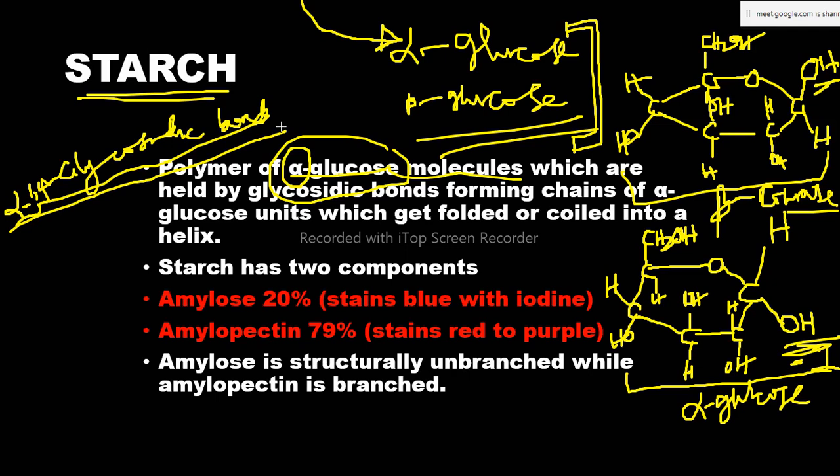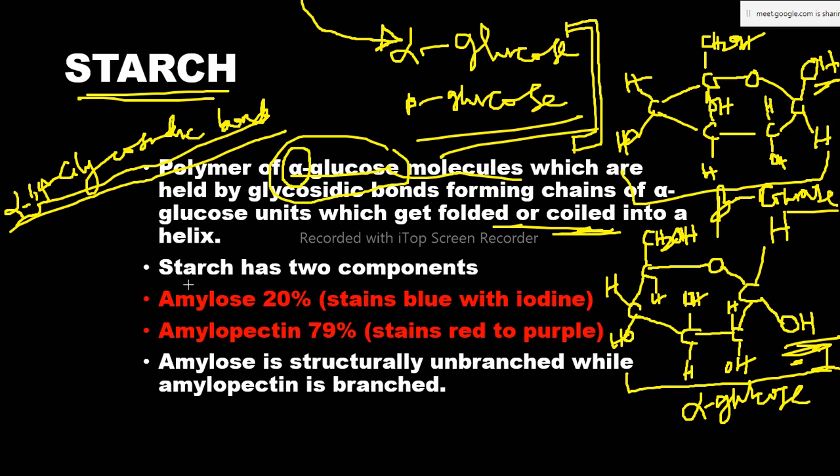Okay, and we are going to see, we are going to draw. Now the starch is highly coiled into a helix. I'm going to show you how it is highly coiled when we talk about condensation.